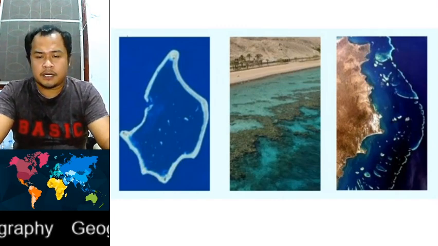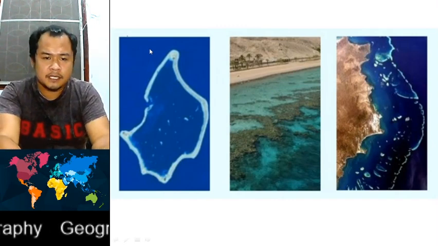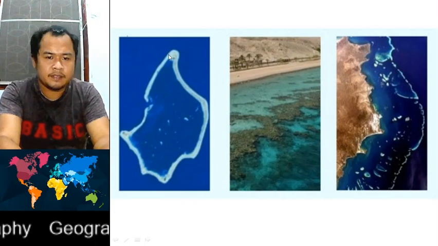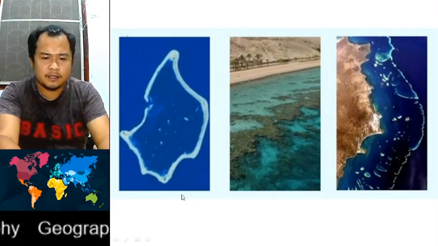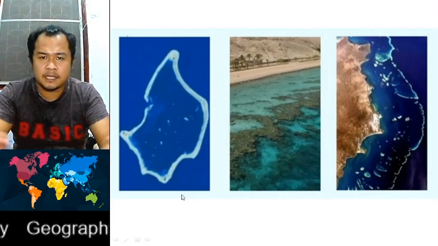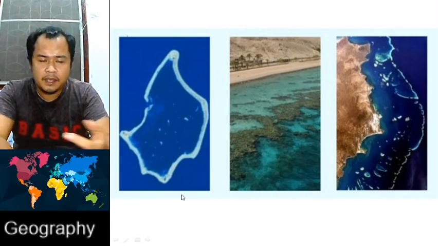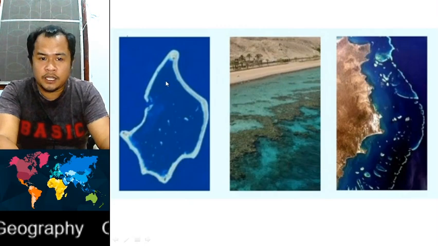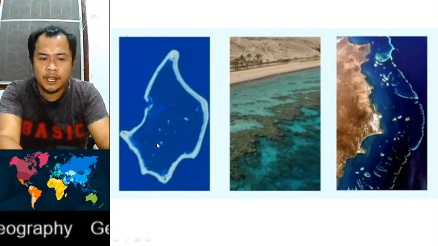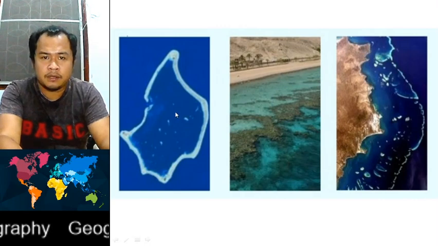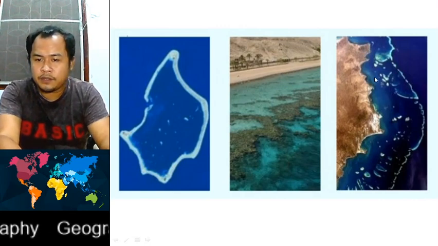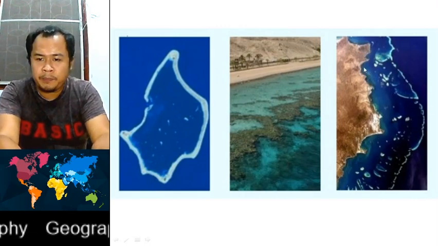Let's try this one. This is a type of coral reef, and what do you think it is? An atoll, a barrier, or a fringing? So this is an atoll. It creates a circular ring with a great amount of water in the middle. While this one, on the other end, it says parallel.